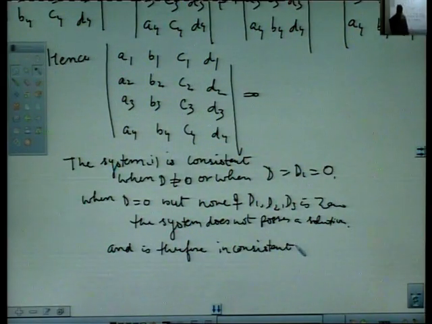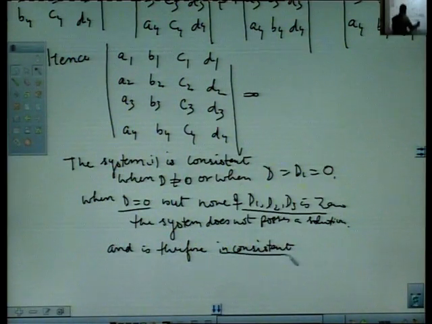Means when D equal to 0 but none of D1, D2, D3 is 0, then the system is inconsistent.